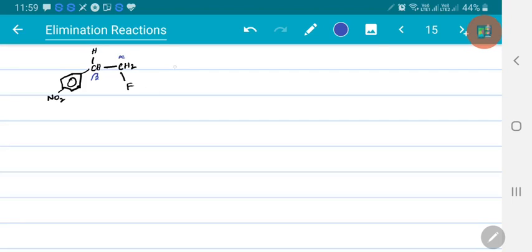So when we use a good base, now what happens? So it leads to product formation, that is para-nitro, H plus is abstracted, the bond got shifted and fluorine is lost, right? So you will get a double bond formation here, right?